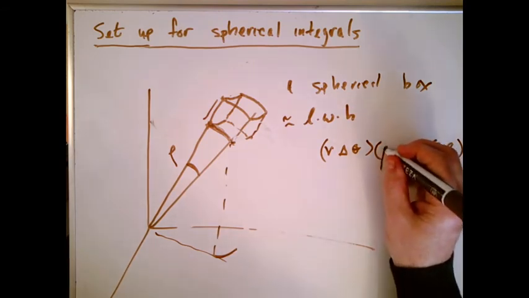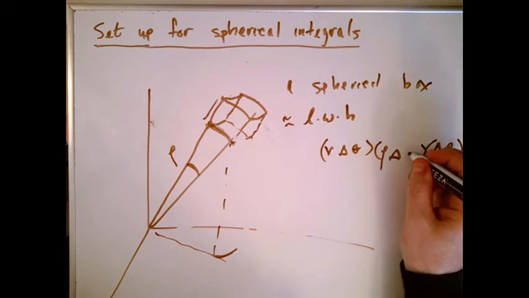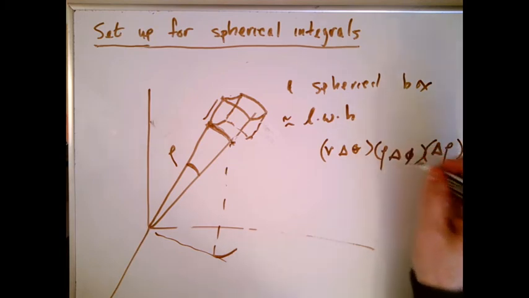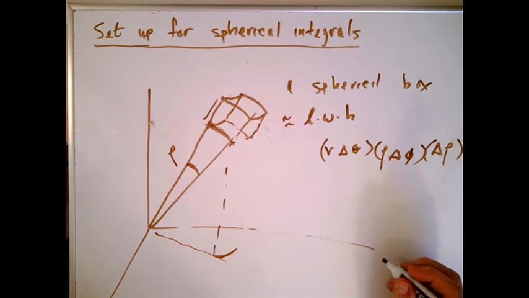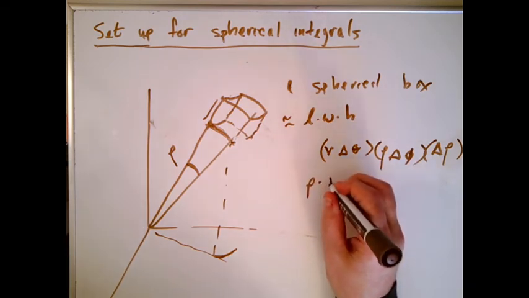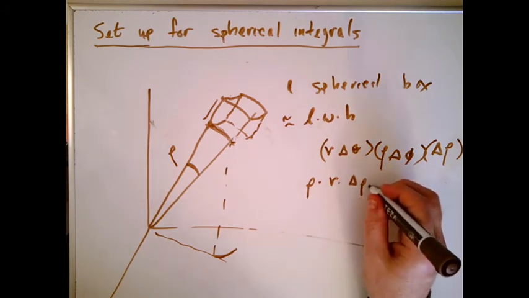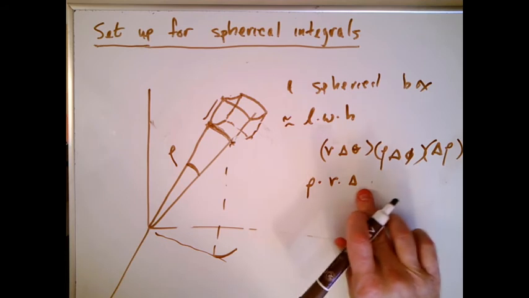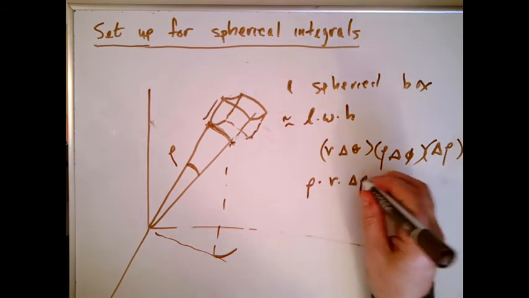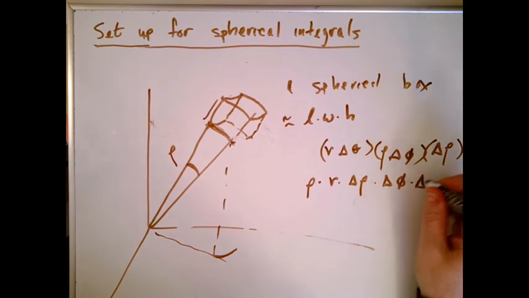So this is just going to look like rho delta phi. And let's put some stuff out front. So I'm going to get rho times r delta theta times delta rho times delta phi.